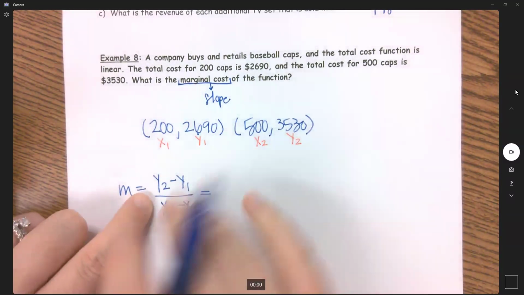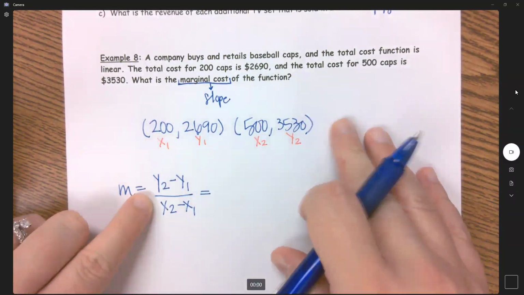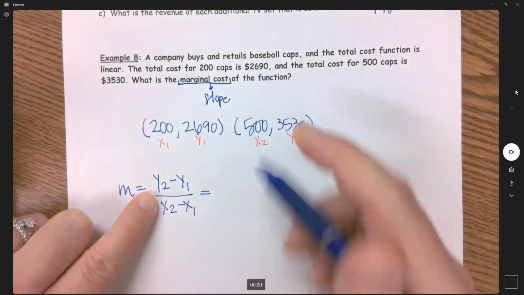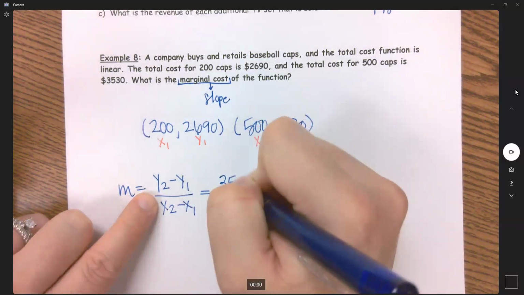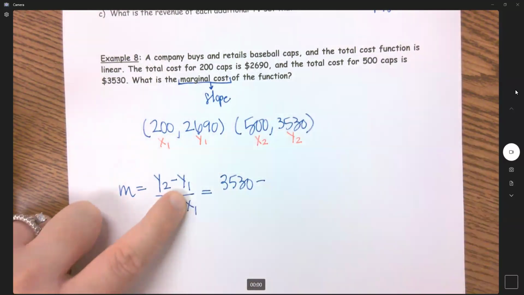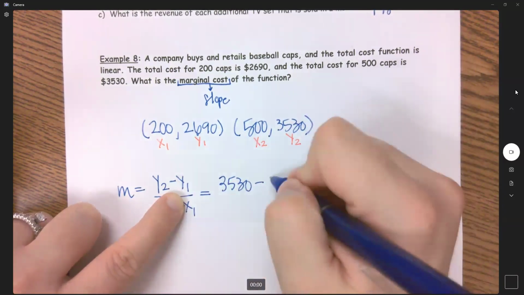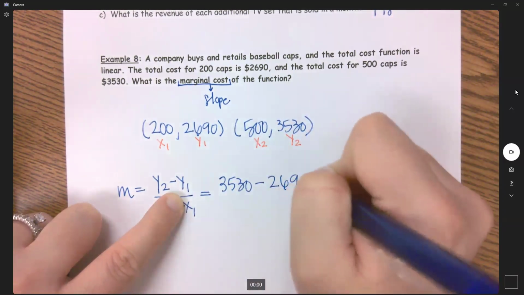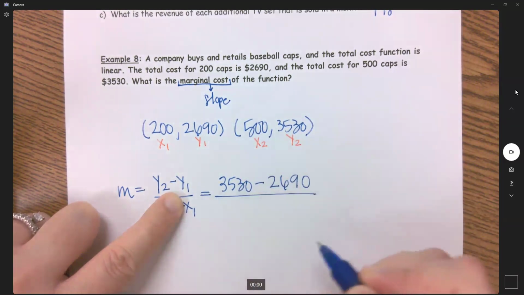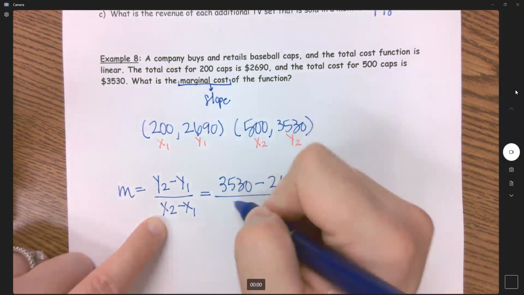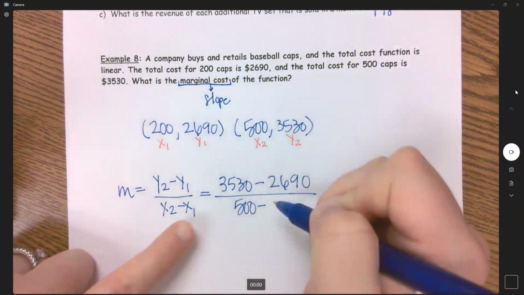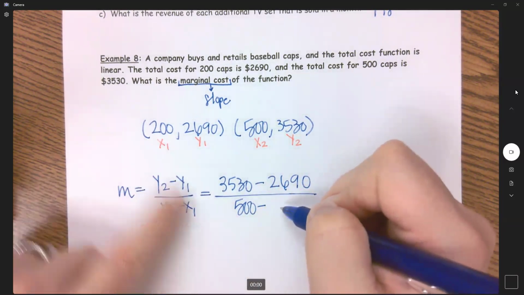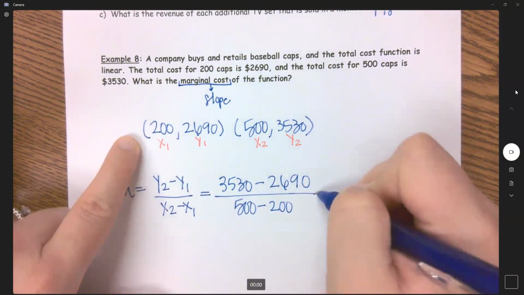So substitute in. I've got my formula, I've got everything labeled. 3,530 is my y2. My y1 is 2,690, over x2, which is 500, minus x1, which is 200.